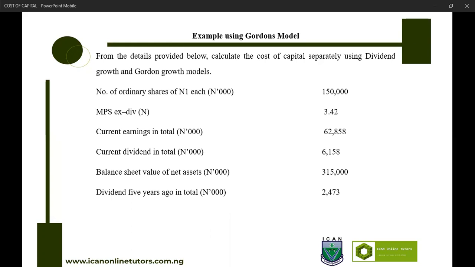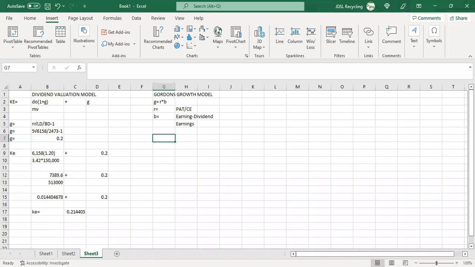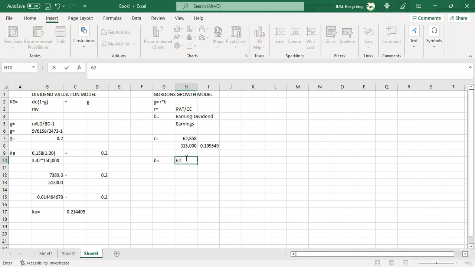That is 62858 divided by 315,000. So this will be equals to this value here divided by 315,000. Why your B, earnings retention? We have your earnings. What's our current earnings? Which is also the same thing as your profit after tax.